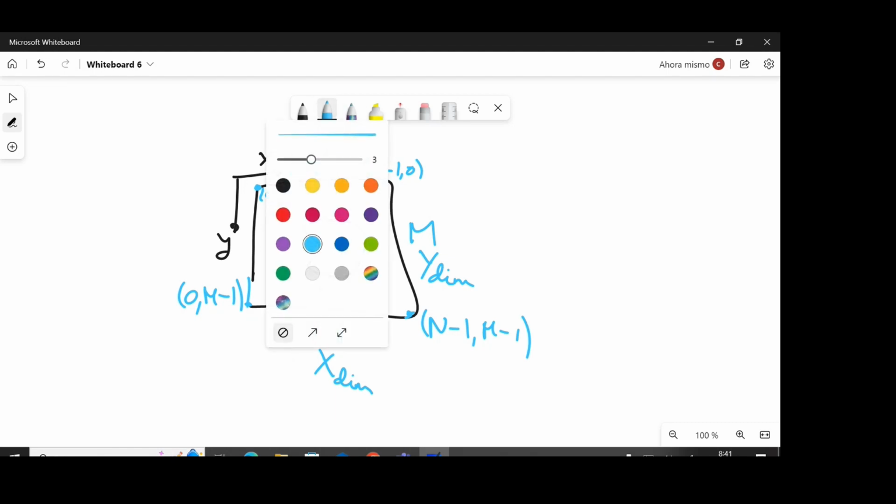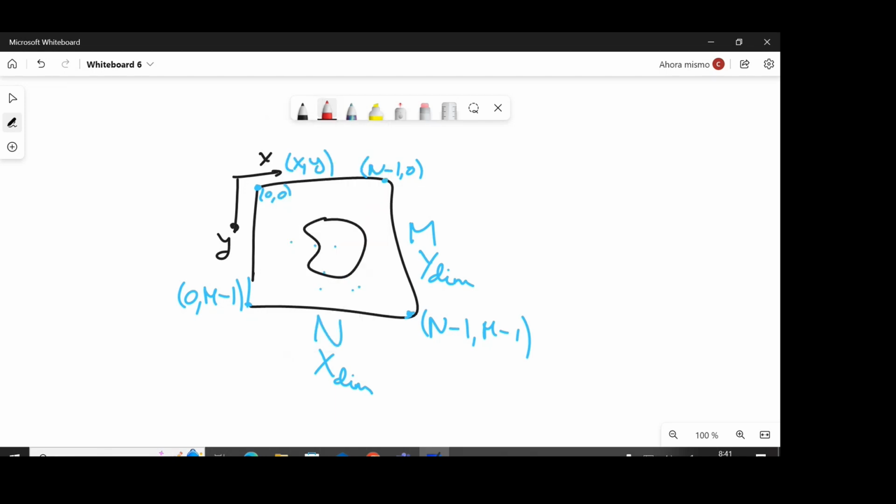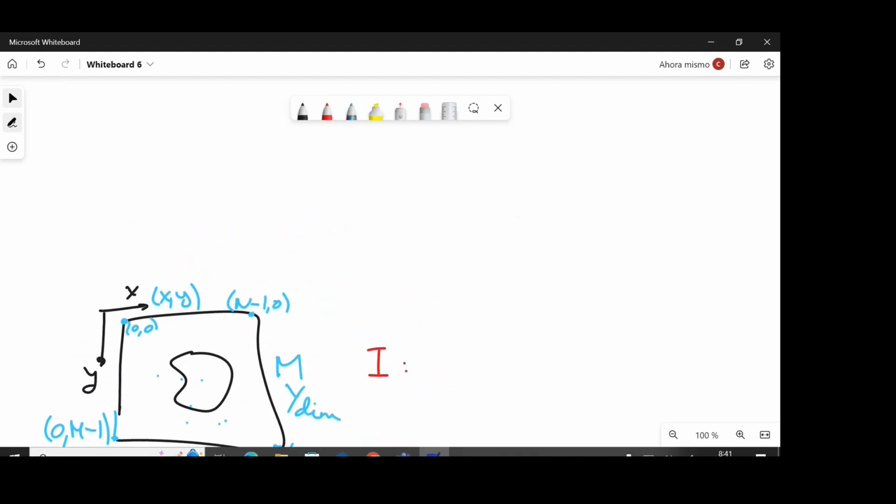So an image is a function that goes from, let's make it general first. A function in general takes arguments when you say y is equal to f of x, and x is a vector, y is a vector.